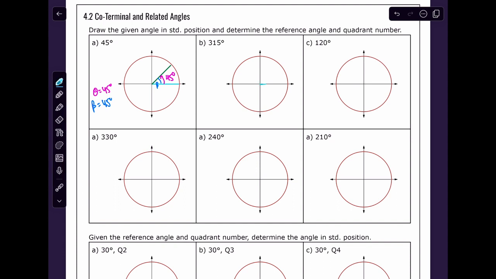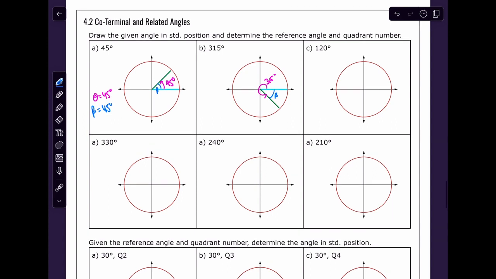Now let's draw the initial arm for 315. And this is the terminal arm. So our angle in standard position is going to be 315 degrees. And our reference angle is going to be this acute angle here. So to find beta, we're in quadrant 4 right now. So let's look up.